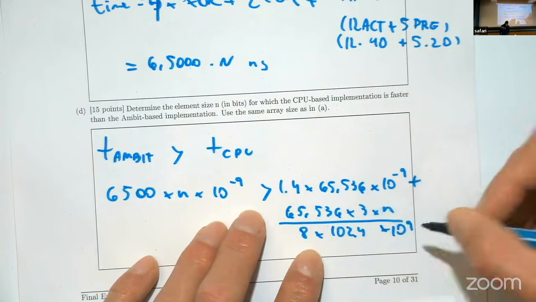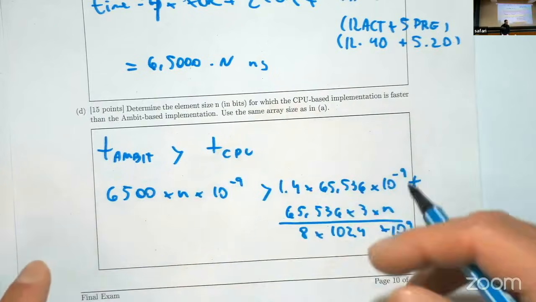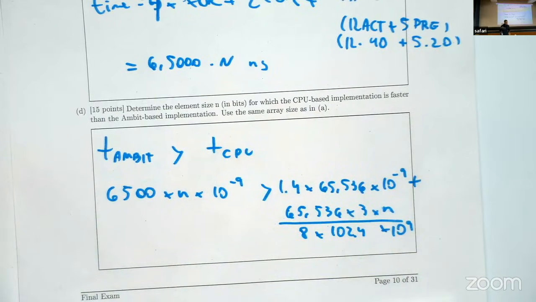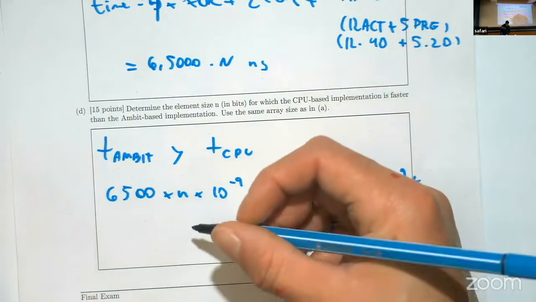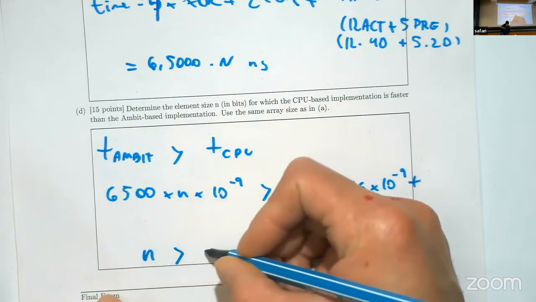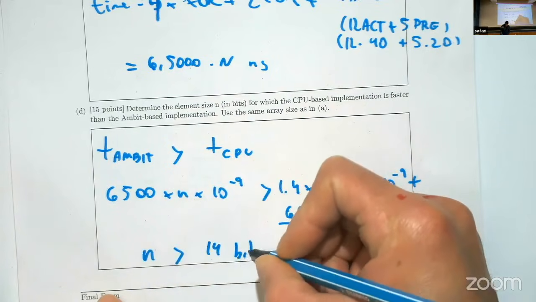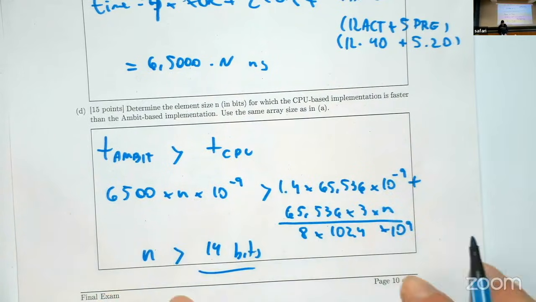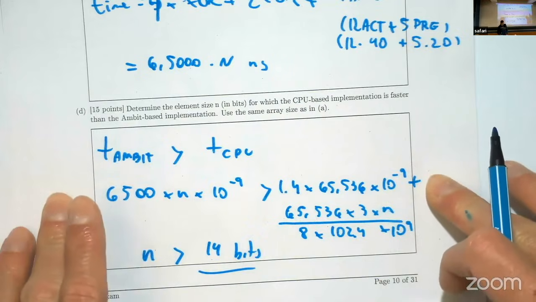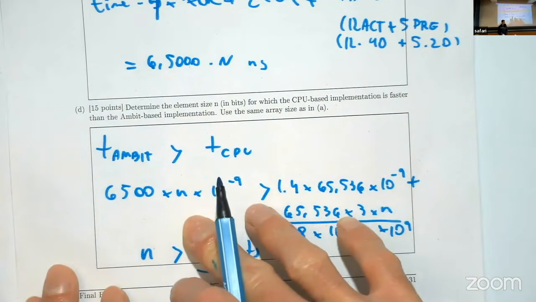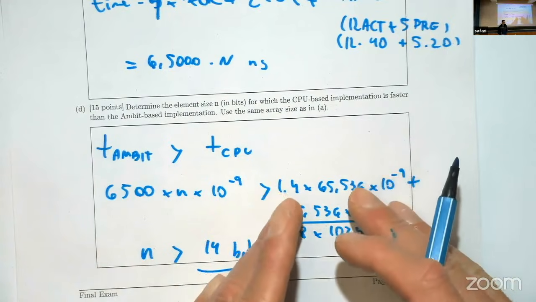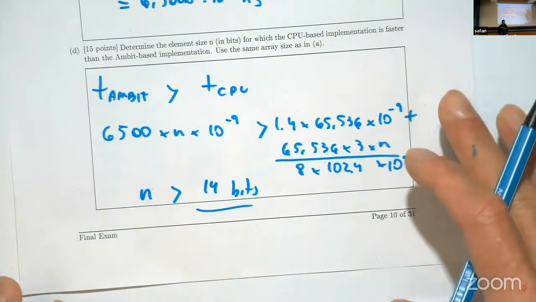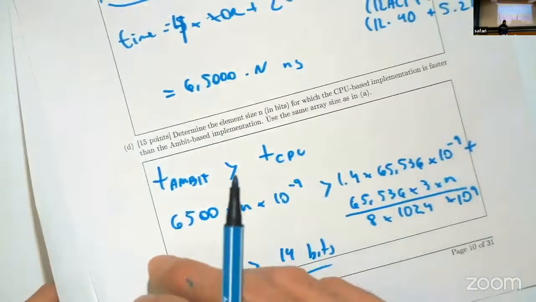The 10 to the 9s appear here just because I'm converting between nanoseconds and seconds. You don't need to do that actually. And then you isolate n, and you find that n is going to be larger than 14 bits. Again, write the equation, do a little bit of math to isolate n, and write it as a function of the equation. Don't solve the fractions. And then you're done. I guess it's pretty much that. Is there any question?